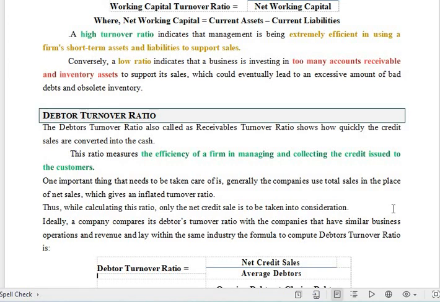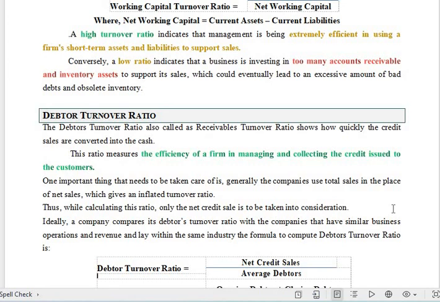What is net credit sales? It is the total sales, from which we subtract the cash sales and the sales return. The balance left is net credit sales, divided by average debtors or average account receivable.